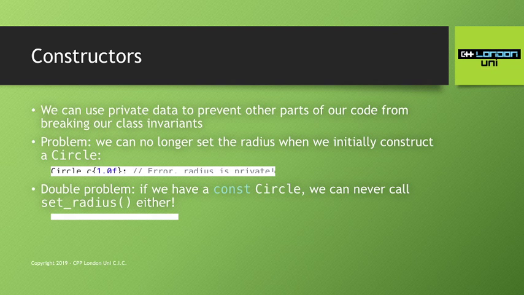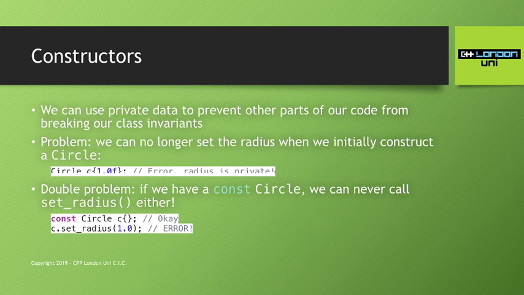So if we can now only construct a circle with a default value, and for a const instance we can never change that, that's not very good. We can no longer say this, because we can no longer directly access the radius member to set it. We can do this, which uses just the default value, 0. But we can never change it, because this is const. This is a problem. This is bad.